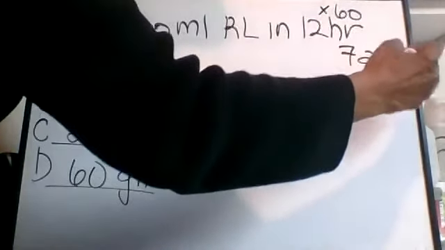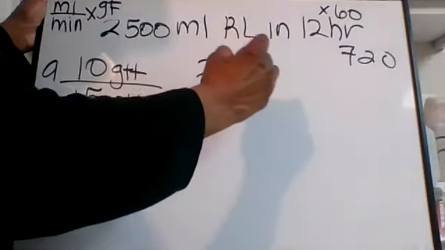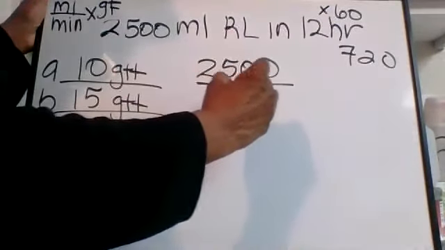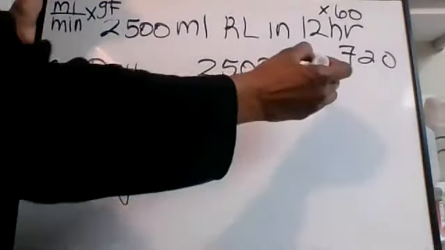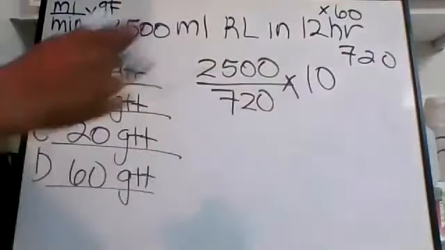So now we can do our 2,500 divided by 720 times the drop factor, for A, okay?